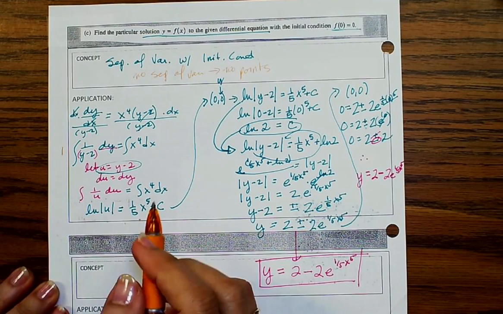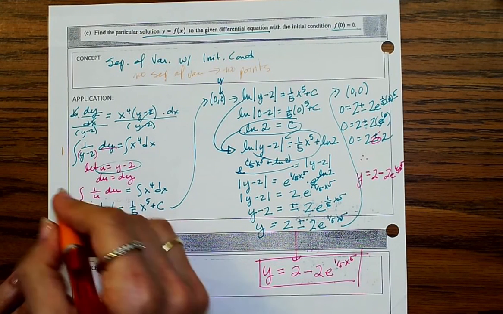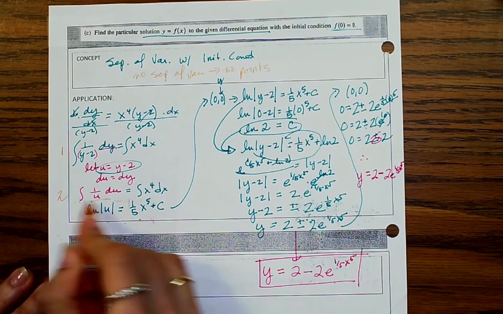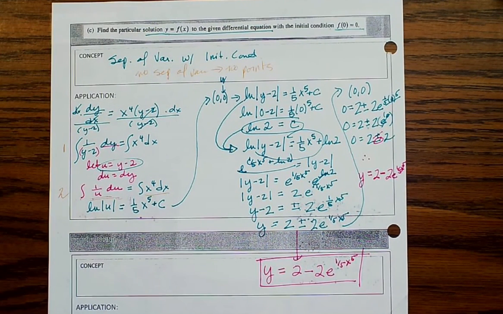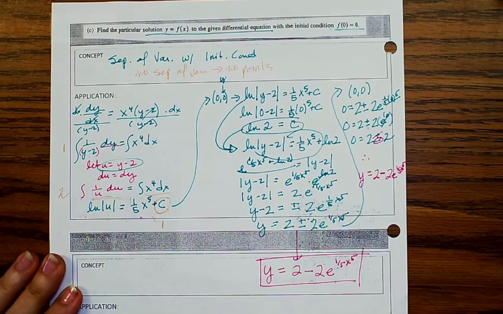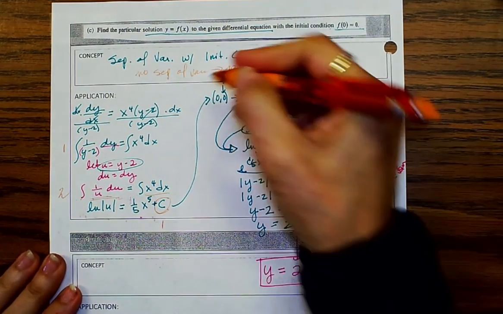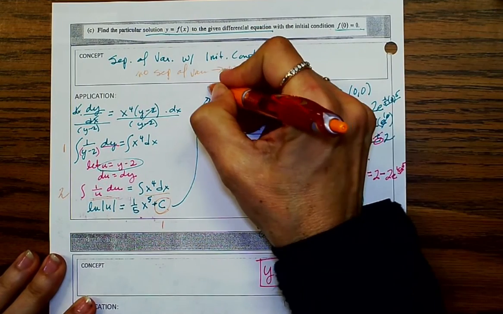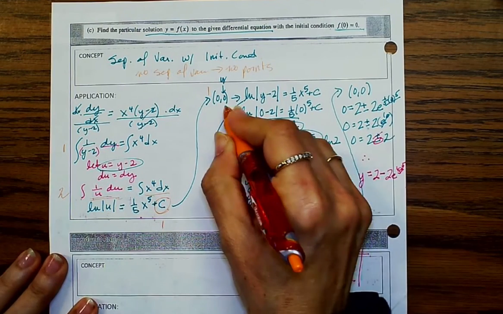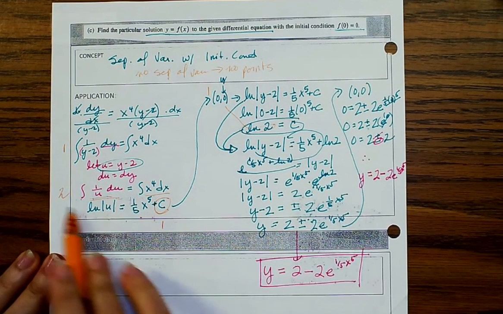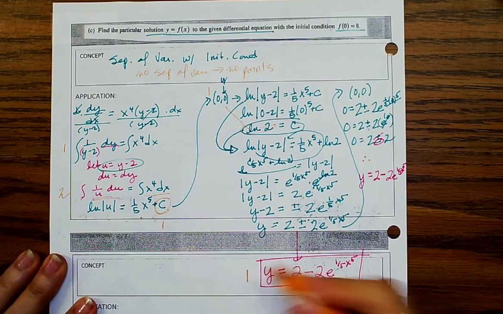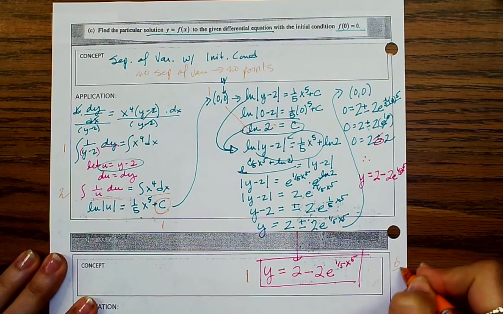For the integration, there might be 1 or 2 points, but I'm going to give 2 points: 1 point for anti-differentiating the left side, 1 point for anti-differentiating the right side, and then typically you get 1 point for adding the c. You get 1 point typically for substituting your initial condition and finding the correct value of c. So those kind of go together. So we have 1, 2, 3, 4, 5 points, and then 1 point for the final answer. So that gives us 6 points for this.